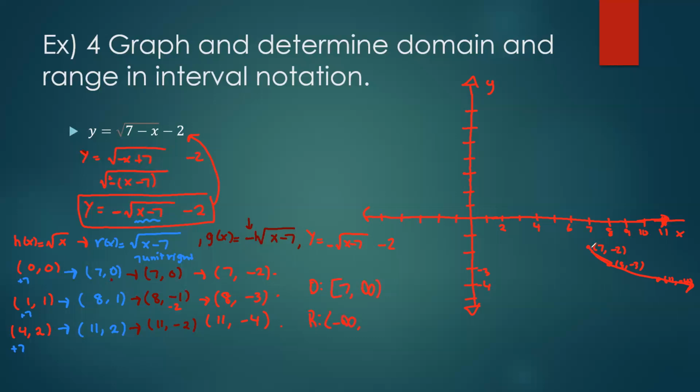And then we stop at the y value at -2, right? Because that's 7 comma -2, that's our starting point. So our largest y value or our most positive y value is at -2. And you do have to include it, so you use bracket. So this graph is this graph.